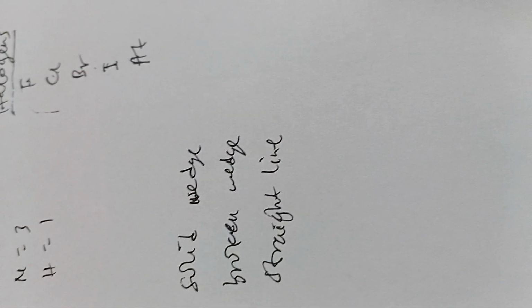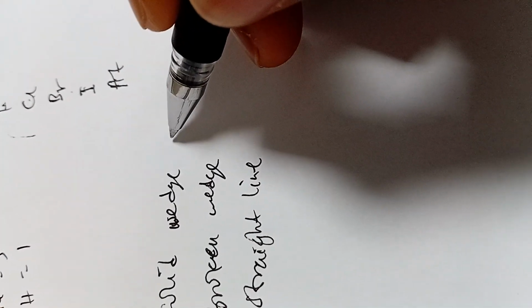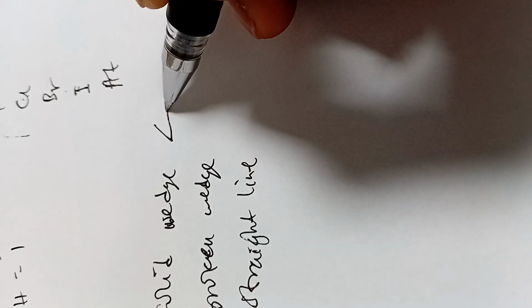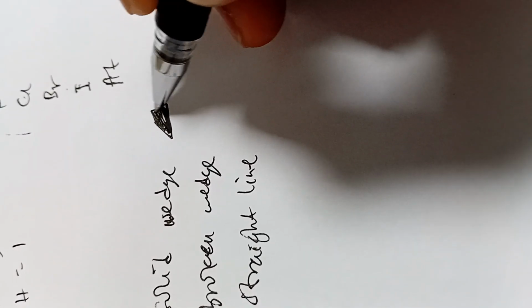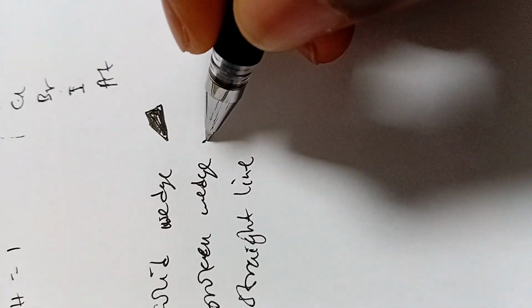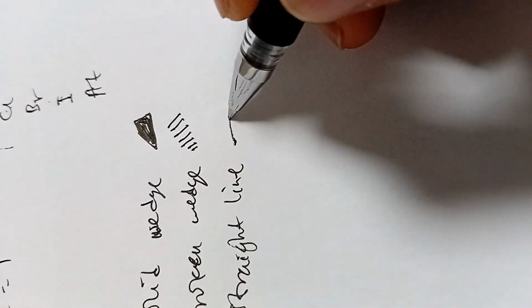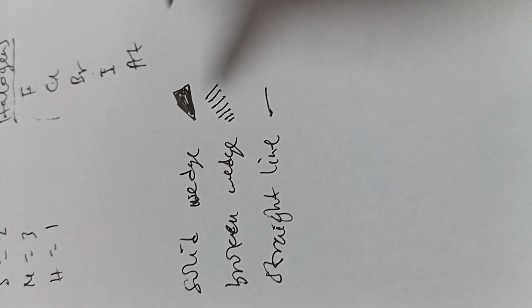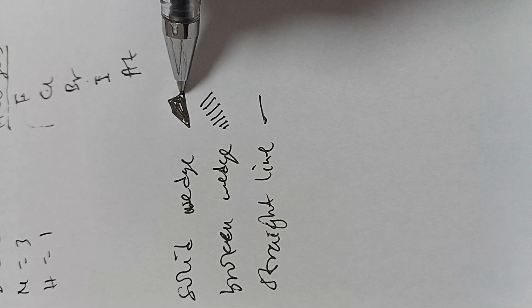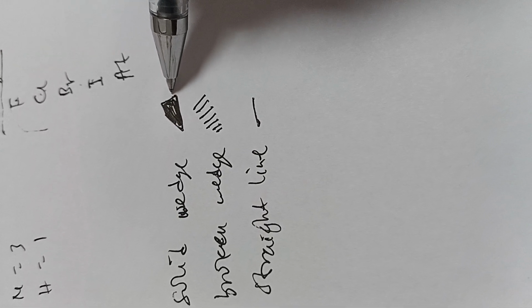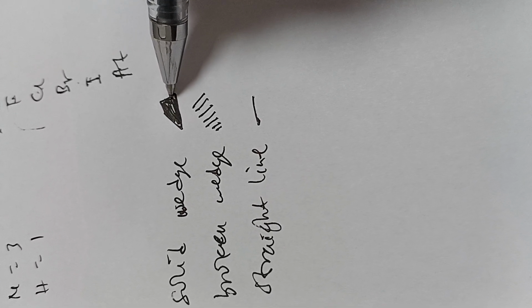So we already know the solid wedge. Something like this. So this is our solid wedge, and this is going to be our broken wedge. And this is just going to be our straight line. So the solid wedge is what? The bond that is pointing towards you, or we say it is pointing out of the plane.